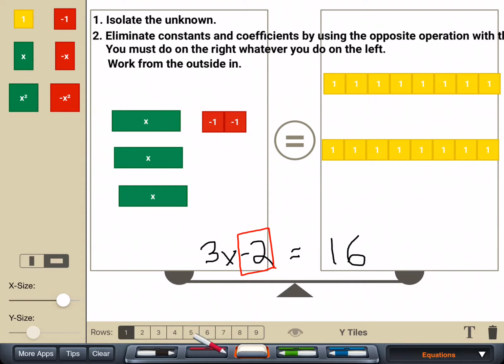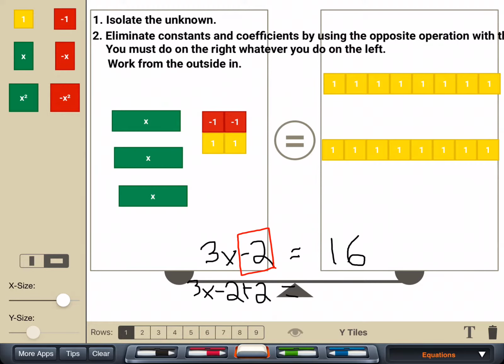So opposite operation, same number. So that's going to look like, well, 3x minus 2. The opposite operation is adding, and I'm going to add 2 because it's the same number. So what does that look like over here? Well, I'm going to grab 1 and 2, and I'm going to add them there.